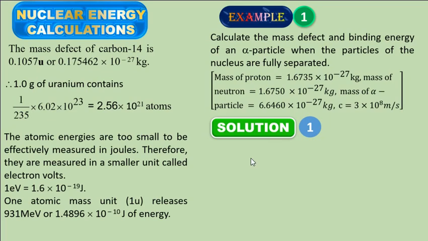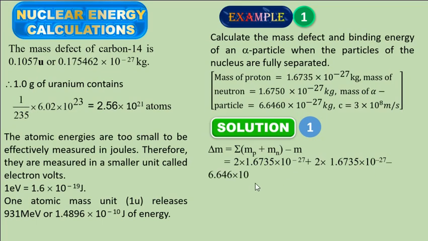So we start. The mass defect, as we know, is given by the sum of the masses of the protons and the neutrons minus the mass of the alpha particle. You know what these symbols represent. Please do well to explain them. Step 2, we make direct substitution into that formula.